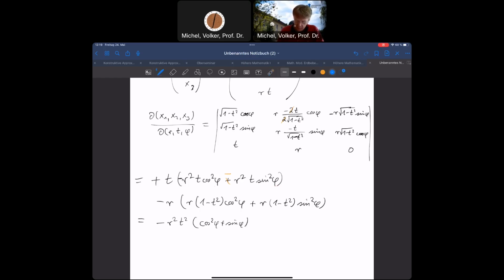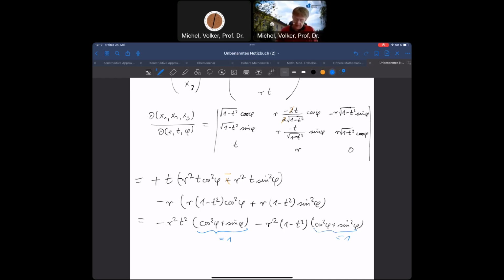But this is obviously 1. Okay, minus. And here I can collect again the r, which gives me minus r square. And they have a 1 minus t square in common. And again, the rest is the cosine square phi plus sine square phi, which is again 1.